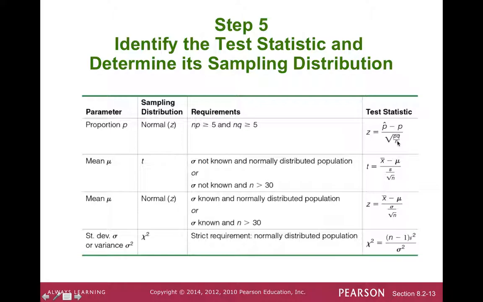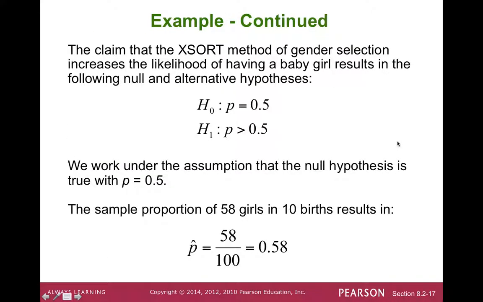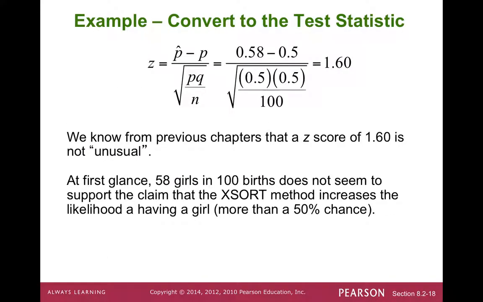So let's go back, and we're going to do this calculation for our example. So here we go. We found our p-hat, or our sample proportion, to be 0.58, and that our population proportion was 0.5. Remember, we're going to assume that the null is true.